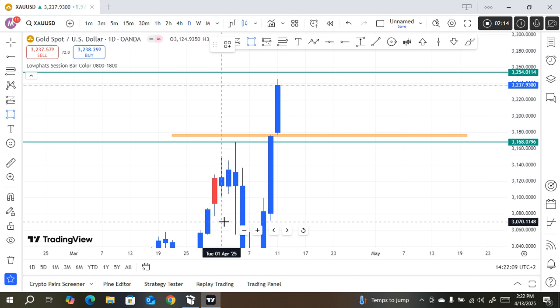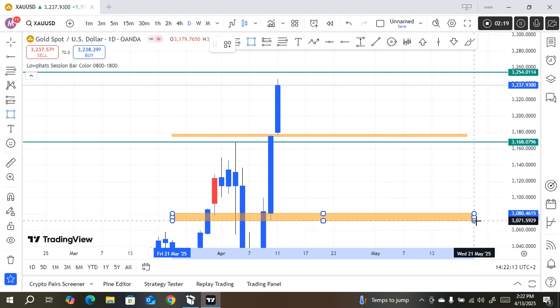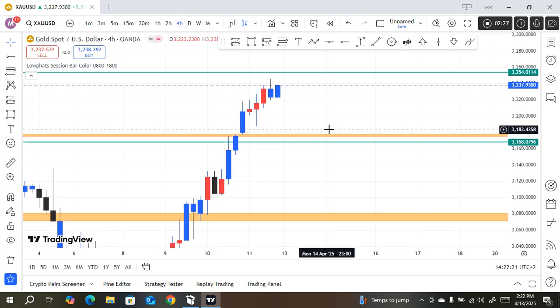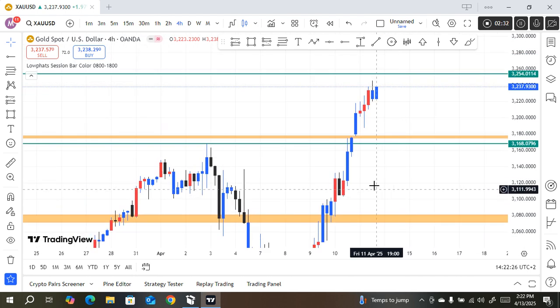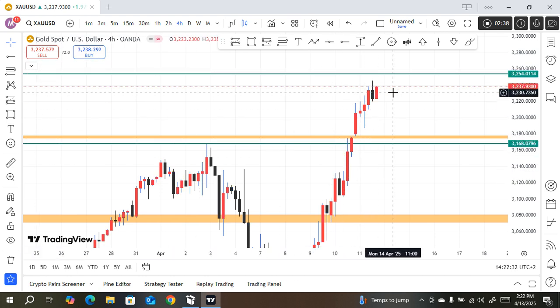The way I analyze right now, I'm just trying to do something that somebody can understand very quickly. When we come to the 4 hour time frame, you see the market almost came down to test here and then pushed up.